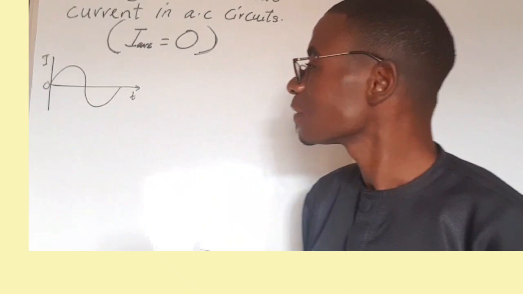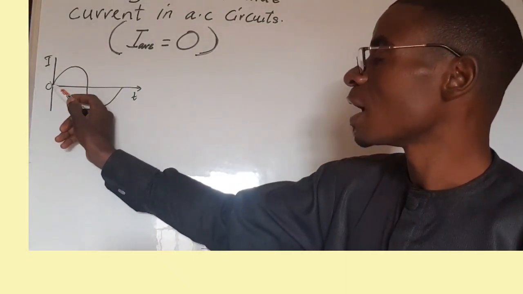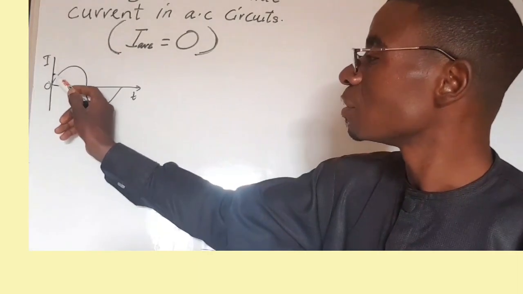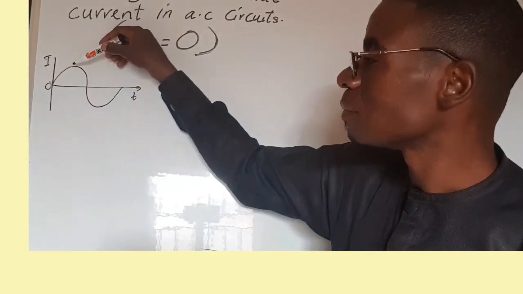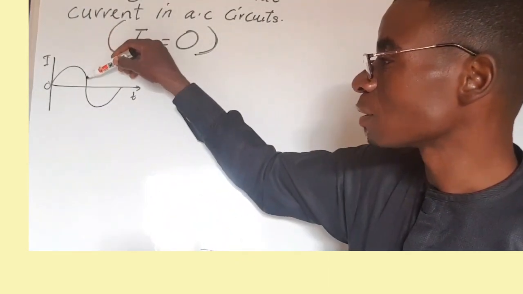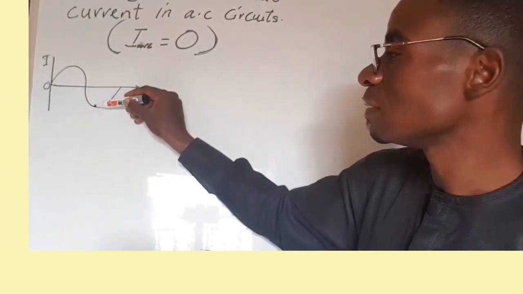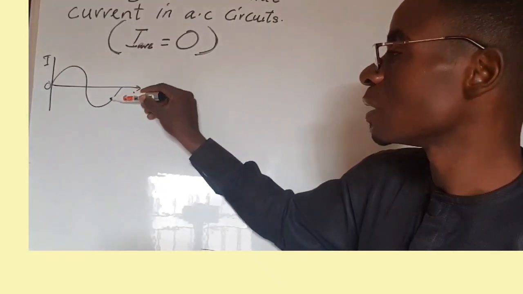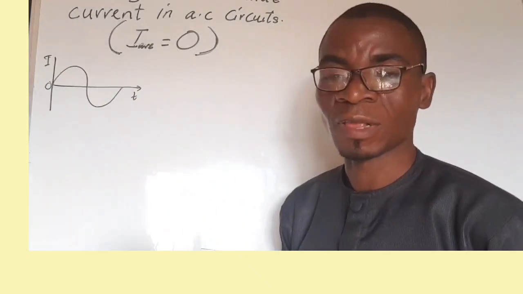The first thing is that there was a time this current has a value 0. After some time, the current has a certain value. After some time, it reaches its maximum value, and after some time, it comes back toward 0 again, then goes to negative this side, maximum here, comes back here, then to 0. That is what the graph is telling us.